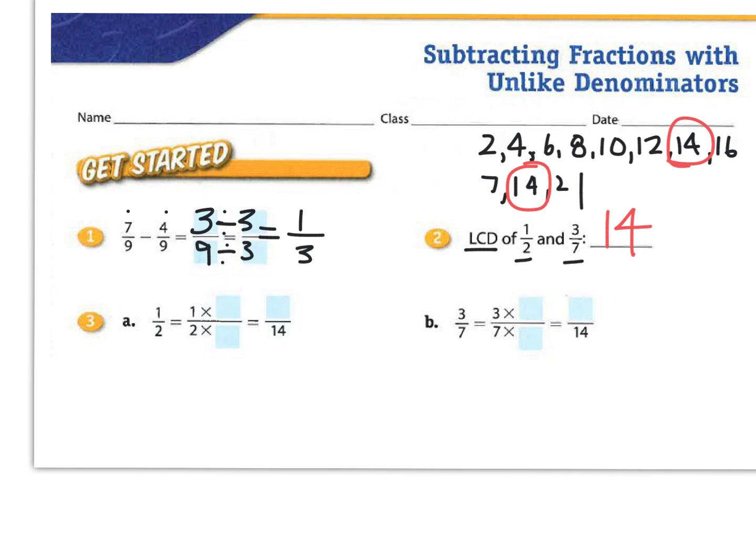Looking at 3, part A, we're going to change it to 14ths. We would do 2 times 7 to get 14. If you do times 7 on the bottom, you do times 7 on top. 1 times 7 is 7. Here we have 3/7, and we're going to make the 7ths into 14. We do times 2 on the bottom, times 2 on the top. 3 times 2 is 6. Now we have common denominators.